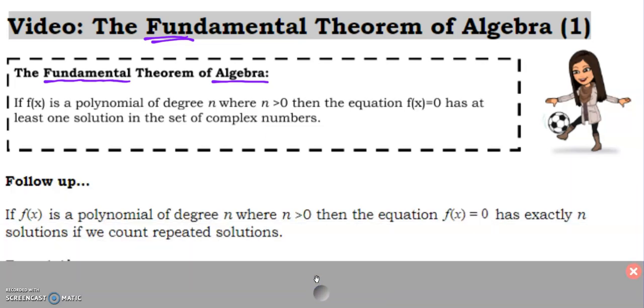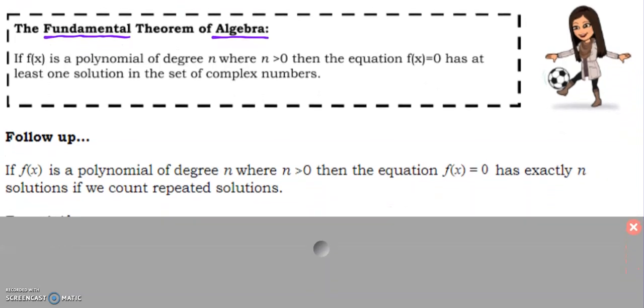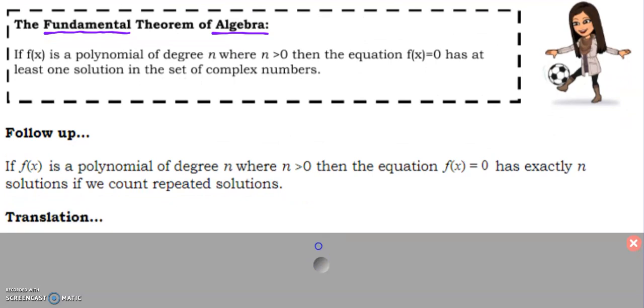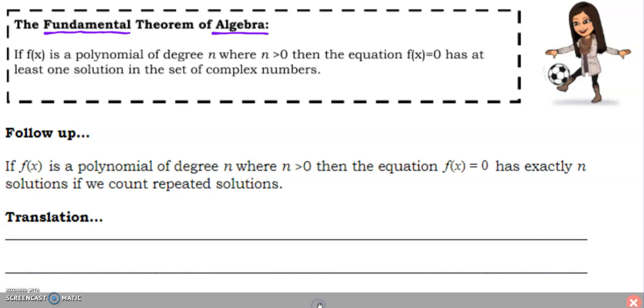So, in addition, we know that if f of x is a polynomial of degree n, where n is greater than 0, then the equation f of x equals 0 has exactly n solutions if we count repeated solutions. Okay, so that is, again, a lot of fancy math speak. What is the translation of this?